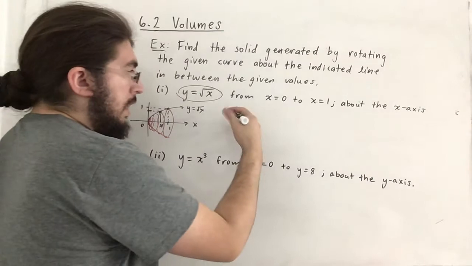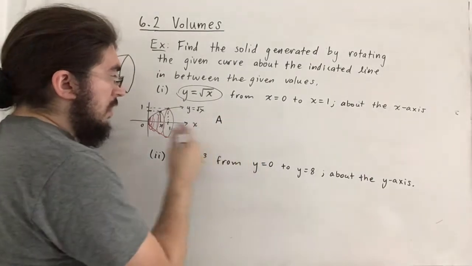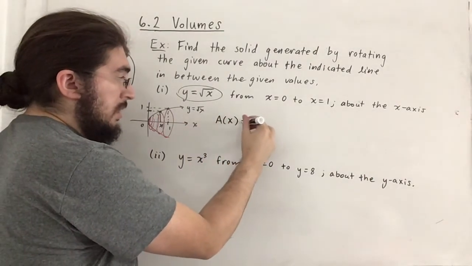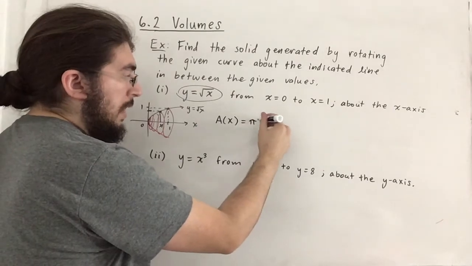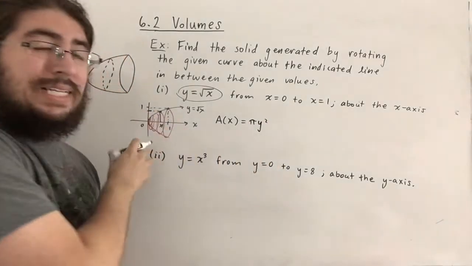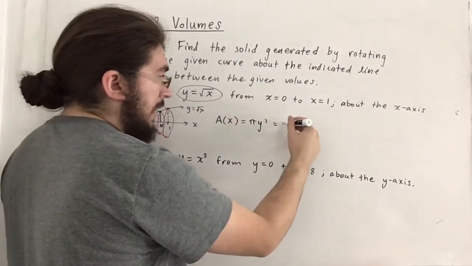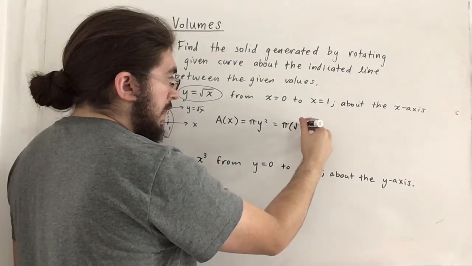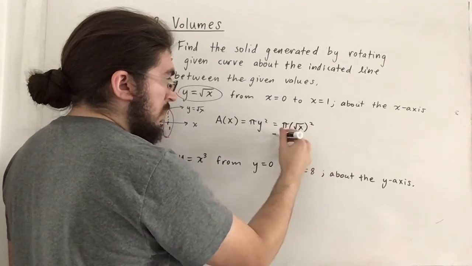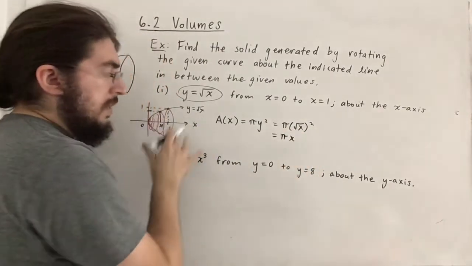So what we want is to find the cross-sectional areas, which in this case, much like the previous problem, is pi times y squared, because y is acting as the radius. And y is radical x, so we end up getting pi times x in this particular case.